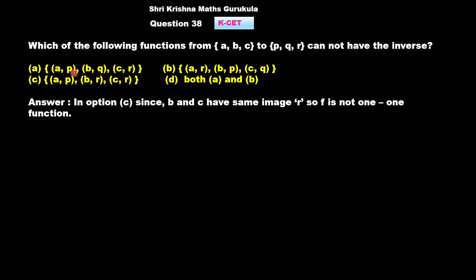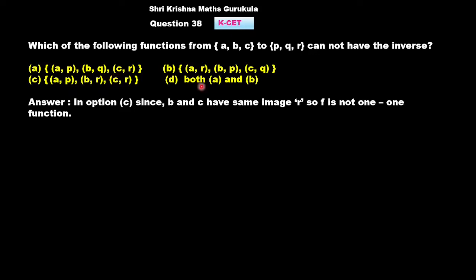So if you look at the second elements, all three elements are mapped to one or the other elements of the domain set. That is, they have pre-images in the domain set. So the condition for a function to be onto is also satisfied. This function given in option A is both 1-1 and onto. This is a bijective function and for this function the inverse exists.